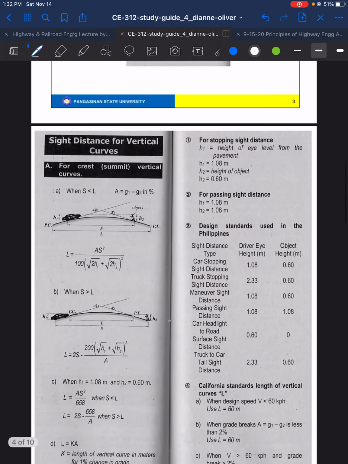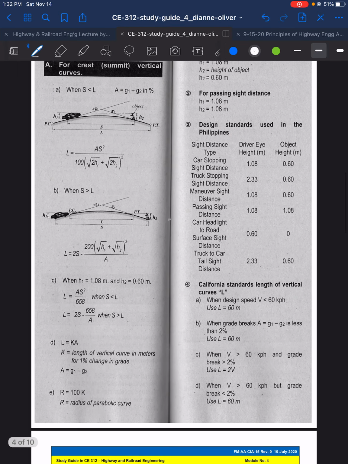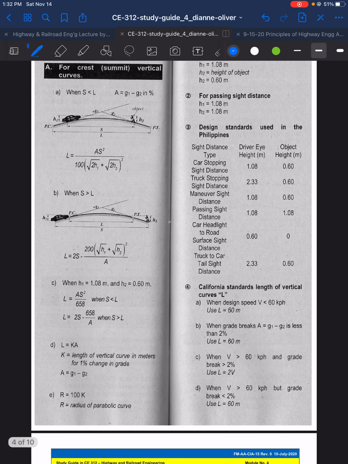Here, H1 was given as the height of the driver's eye above the road pavement. Then, the height of an object over the pavement ahead is 100 mm.